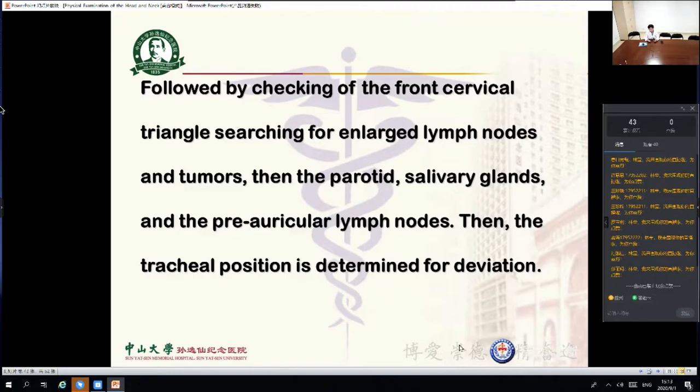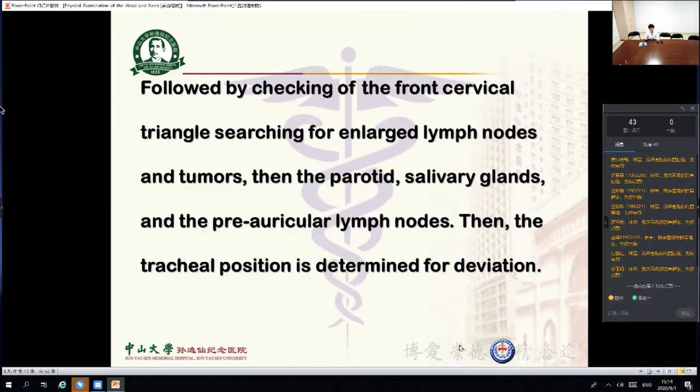And then the tracheal position: how to determine if the trachea is lined up well in the midline. We will see if the patient has any deviation of the trachea. This means 气管是否居中. If there is deviation, 气管向左偏还是向右偏.